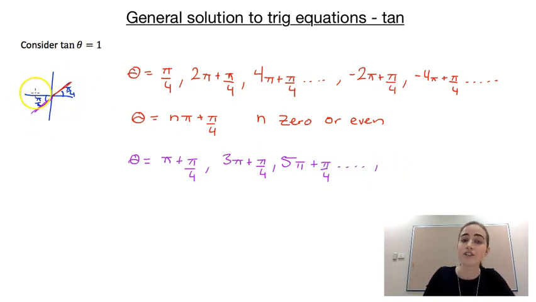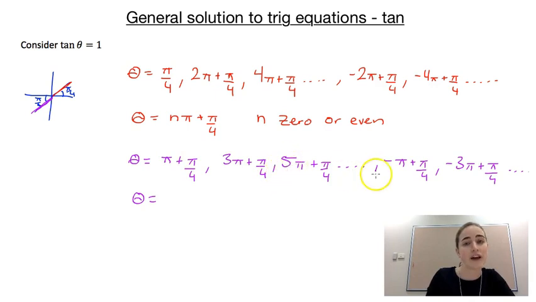If we go the other direction, we'd end up with minus pi plus pi on 4, or minus 3 pi plus pi on 4 if we do another revolution, and that'll keep going as well. So if we generalize this one, it's always still got that plus pi on 4, but this time our numbers in front of our pi are always odd. So we could write it as n pi plus pi on 4, where n is odd.